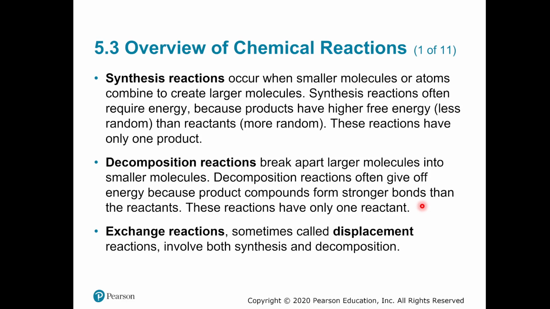They have removed entropy from the system. We have put that entropy out to the universe. Typically speaking, they're going to have higher energy. We're taking two reactants, making one product, and so we decrease the randomness. We decrease the entropy. These reactions are only going to have one product.